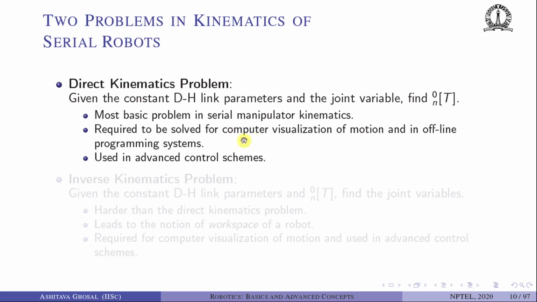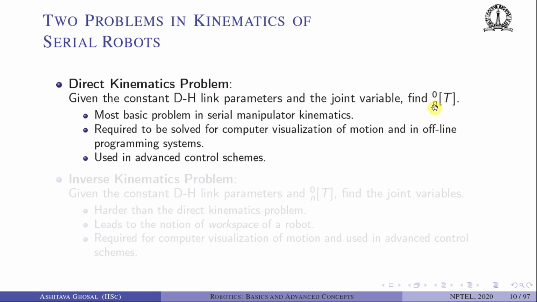The direct kinematics problem is: given the constant DH parameters and the joint variables, find T0n. Recall that T0n is the 4x4 homogeneous transformation matrix which contains information about the orientation and position of the nth link with respect to the 0th link.